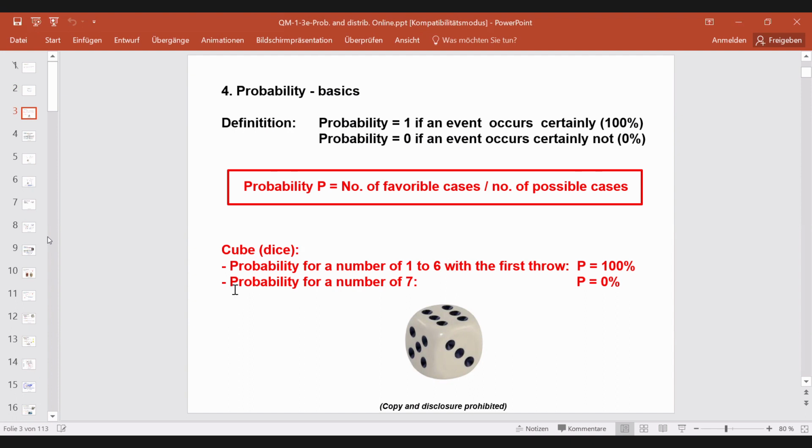What does this mean? The probability for a number from 1 to 6: you throw the dice one time, and of course you will get a number from 1 to 6, so the probability is 100% that you get 1 eye to 6 eyes. The probability for a number of 7 is 0, because the maximum number on the dice is 6 eyes.